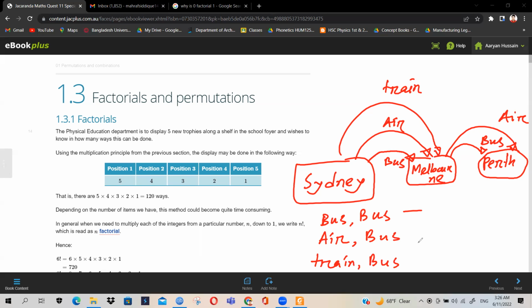Then bus and then air, and then air and then air, and then train and air. Here we have calculated the number of ways possible to go to Perth, doing various combinations and permutations.